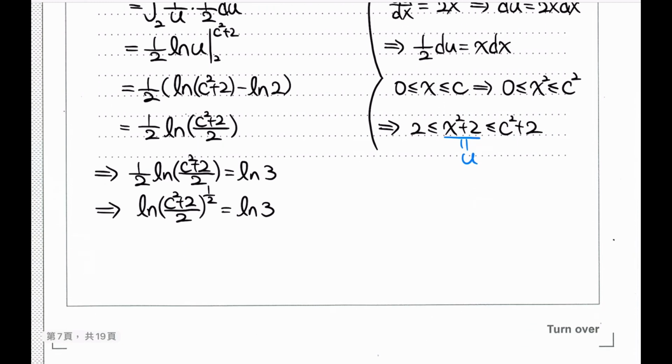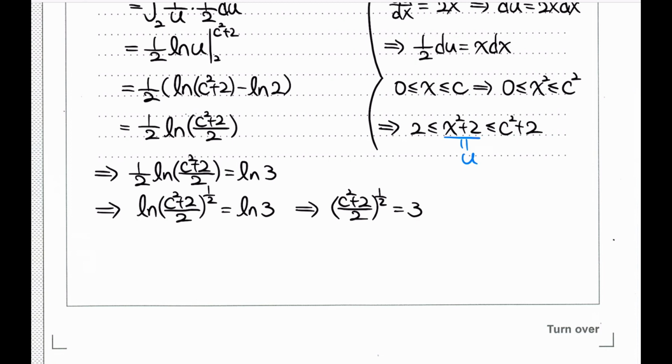So this means that c squared plus 2 over 2, to the power 1/2, is equal to 3, because we can take the exponential on both sides, and then the exponential cancels with the natural log. Okay.